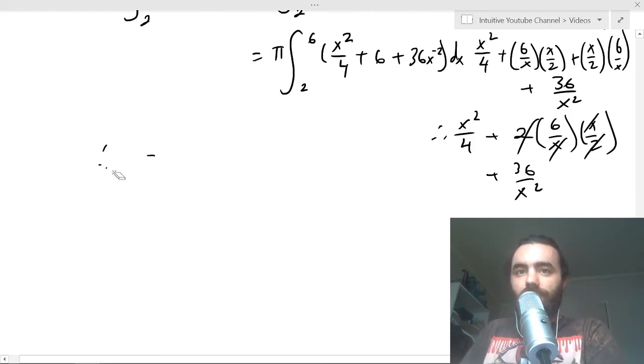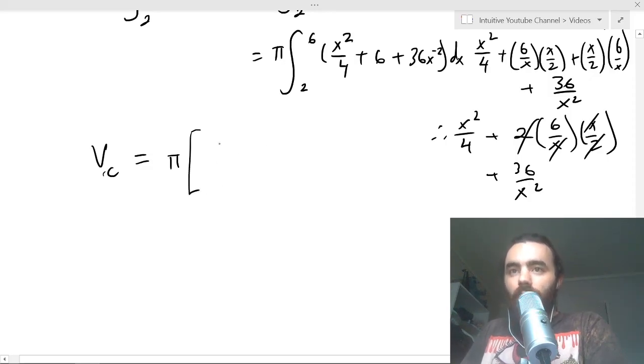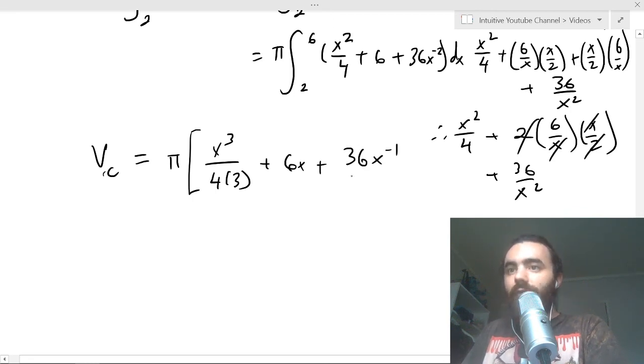Therefore our volume under our rotated curve is pi times x cubed over 4 times 3, that is, times down by the power, plus 6x plus 36x to the negative 1 divided by negative 1, between 6 and 2.